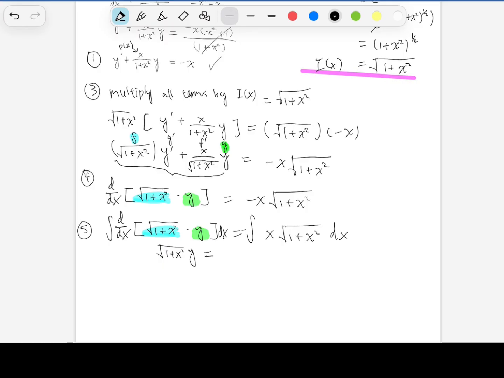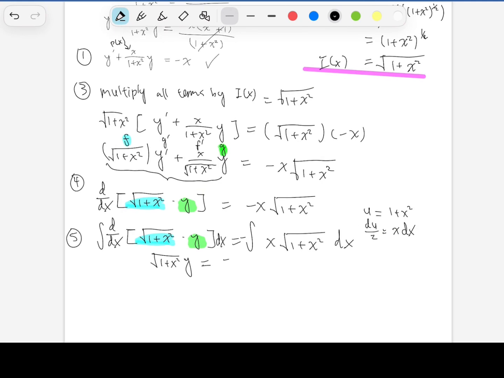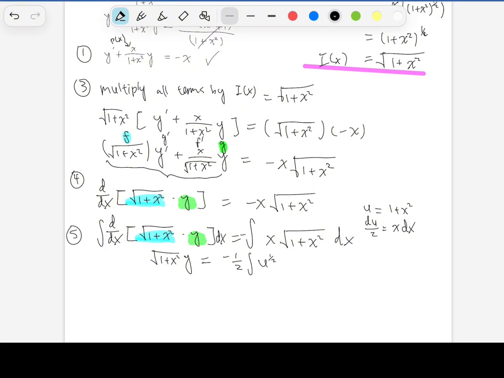And on the right side, we'll do a simple u sub and let u equal 1 plus x squared. So du over 2 equals x dx. Negative 1/2, I'm just pulling out the du over 2 is 1/2, integral of u to the 1/2 du. And that equals negative 1/2 times 2/3 u to the 3/2 plus c.